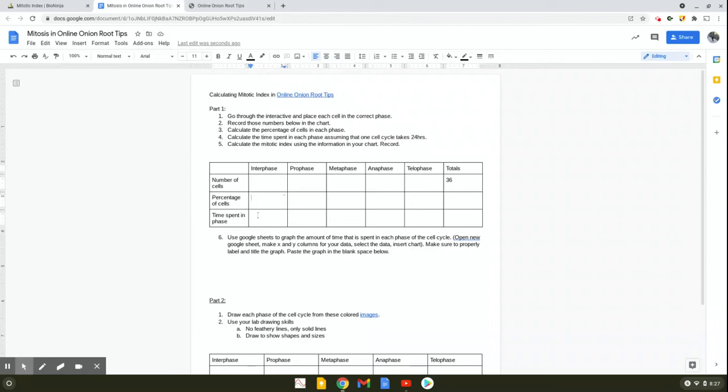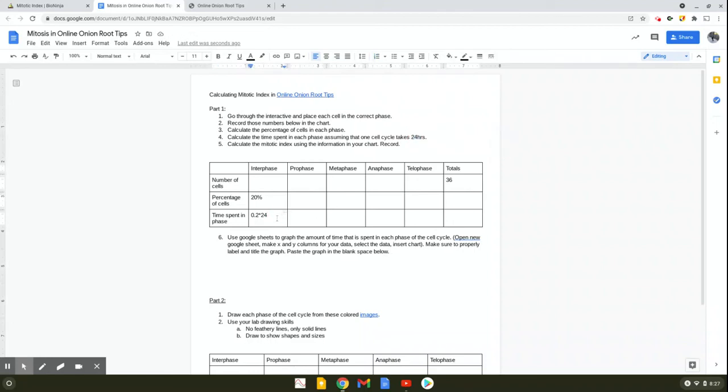And then here, the time spent is just like I did for you before. So let's say this is 20%. Then you would do 0.2 times, because that's 20%, right? Times 24, because up here it says that the cell cycle takes 24 hours.